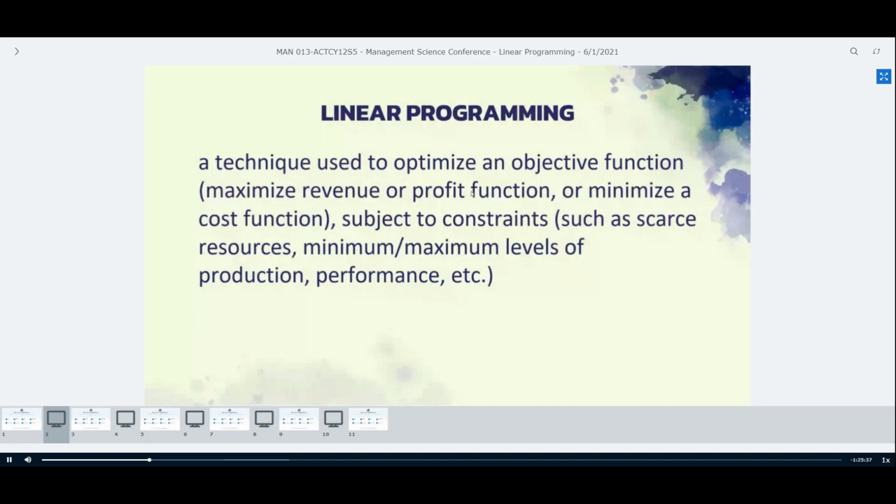So in linear programming, aside from having the objective function, we also need to list down all the constraints. So later on we'll discuss how to go about these constraints.